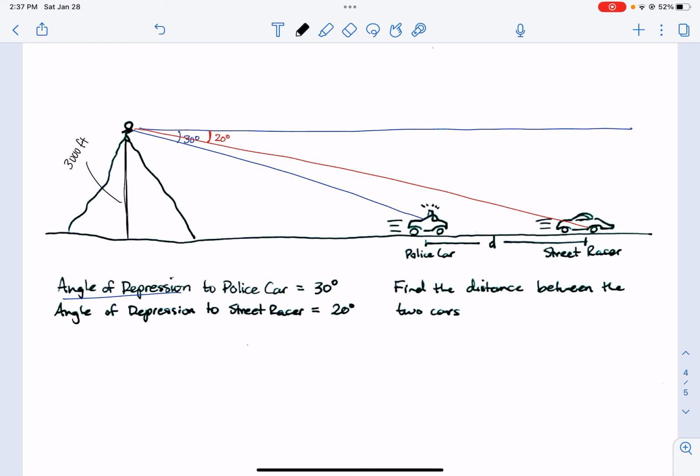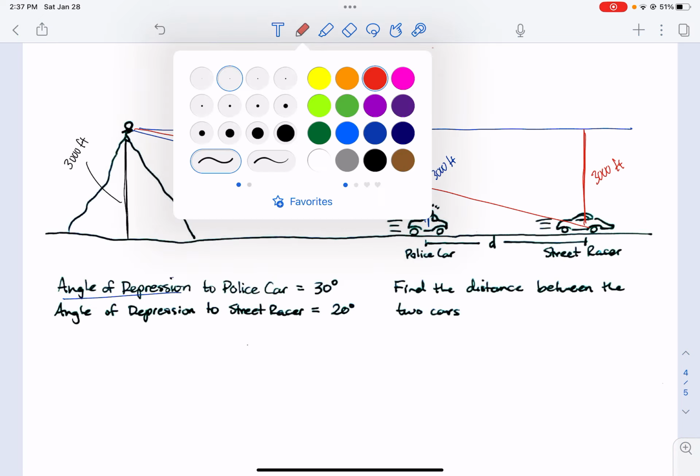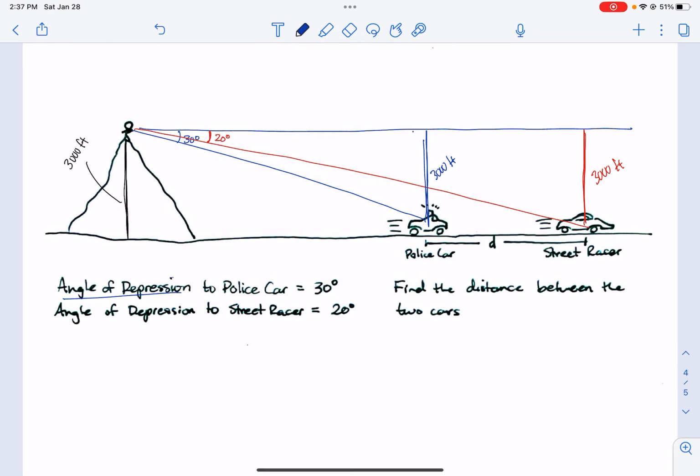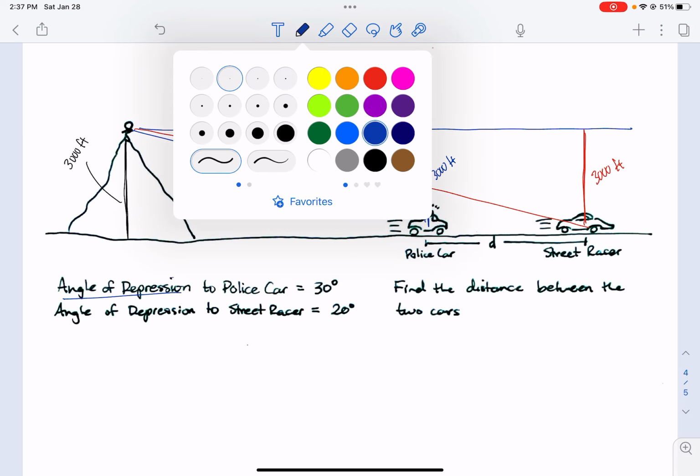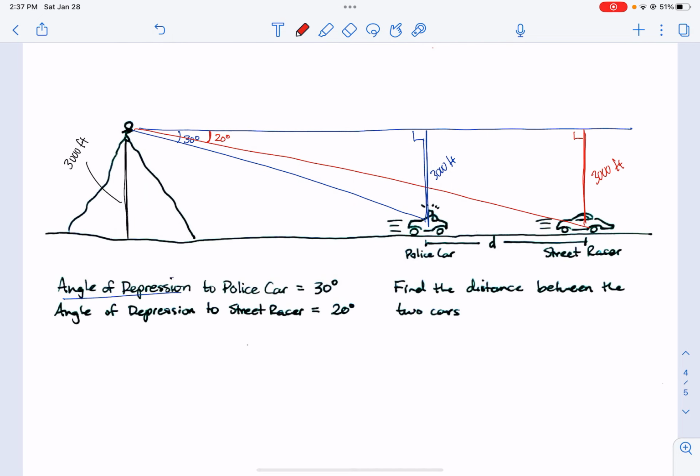Say the height is 3,000, which also, keep in mind, means that this length here is also 3,000, and that this length is also 3,000. And there are my right triangles, right? You always want to find a right triangle or maybe two right triangles if you're ever doing a word problem and using trigonometry.